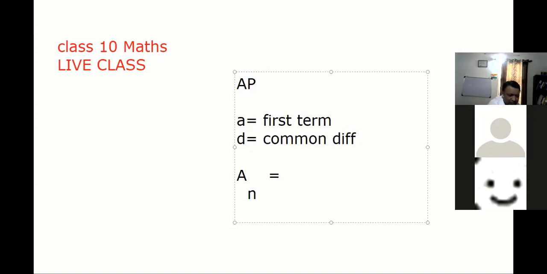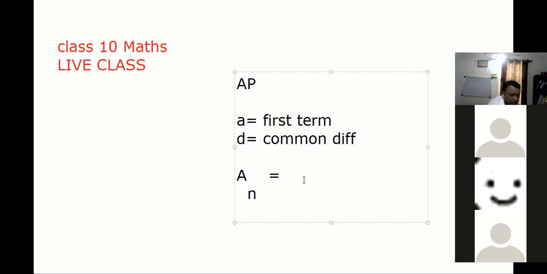So the nth term is given by a plus n minus 1 d. We have done a lot of problems on this, guys. a is the first term, d is the common difference, n is the number of terms, so a plus n minus 1 d will give you the value of the nth term. All good with this?